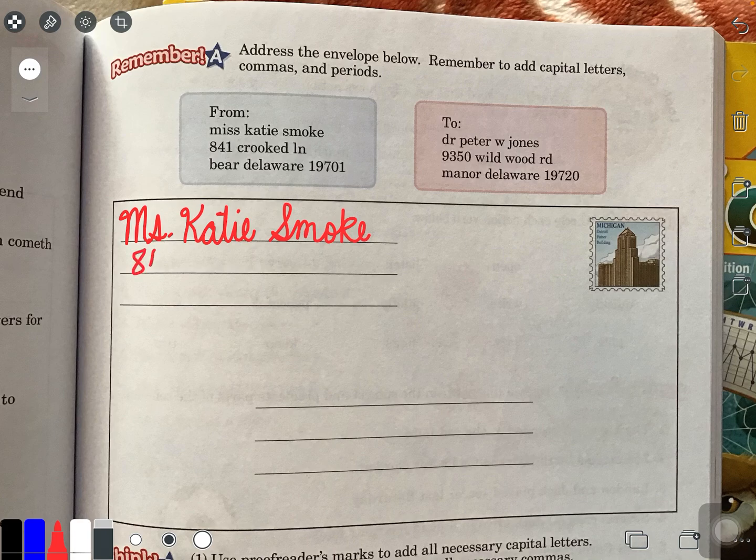So we've got 841, and then we have the street name, which is really weird because it's called Crooked Lane. The initials LN stand for lane, and I need to capitalize Crooked. So I've got Crooked, capital C, and then capital L for lane, like that. And I'll put a period because it's an abbreviation.